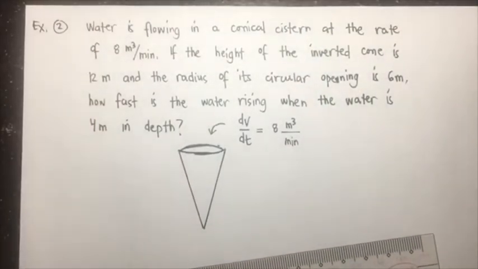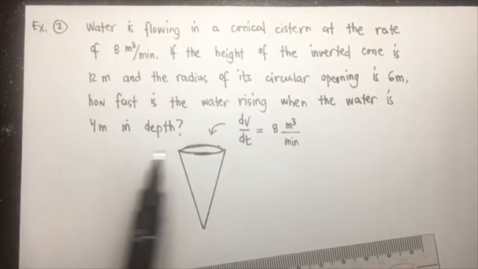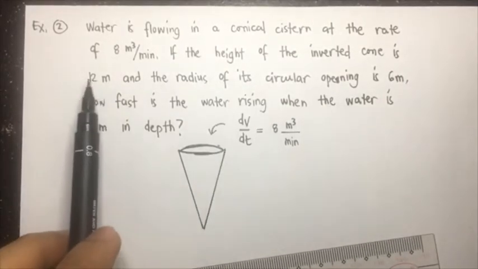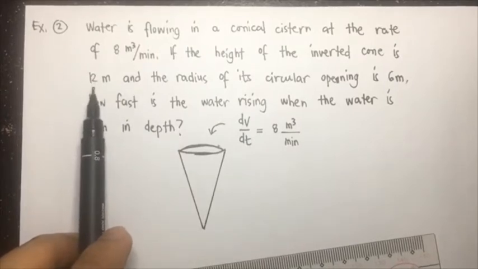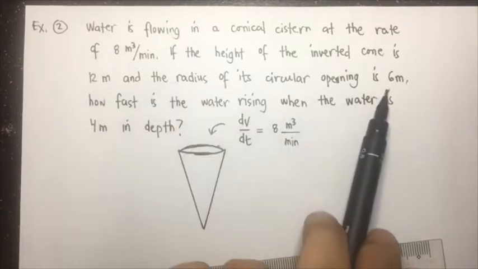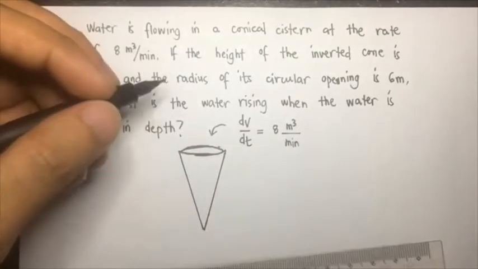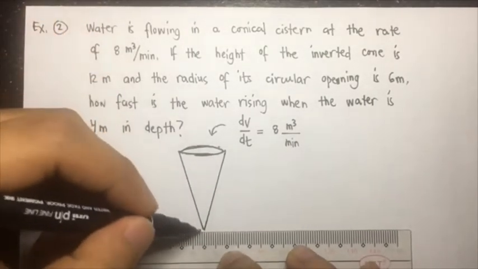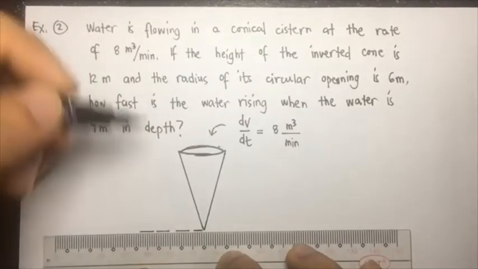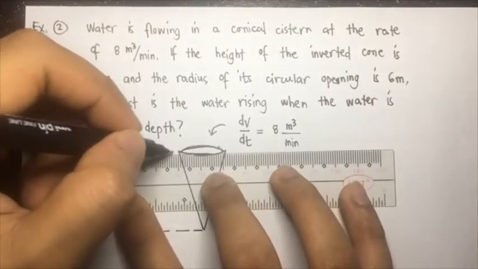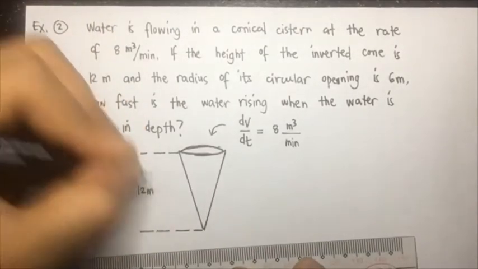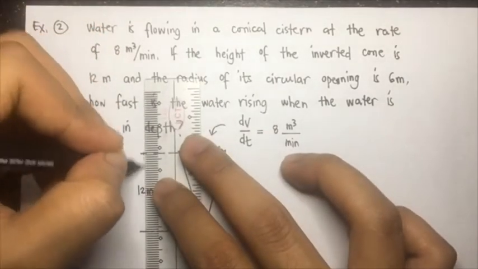Then we are given the dimensions of the cone. It is said here that we have a 12 meter height and a 6 meter radius. So here we have our height of 12 meters.